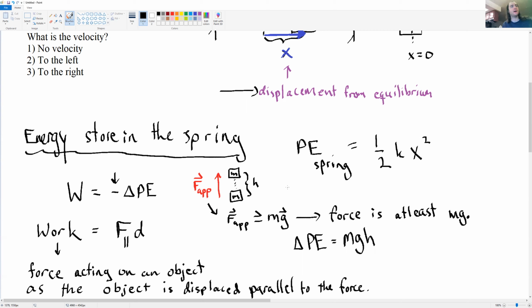I have to lift it up with more force or an equal force. But gravity always exerts the same force. It's always mg. And if I lift an object in the gravitational field, it gains gravitational potential energy.